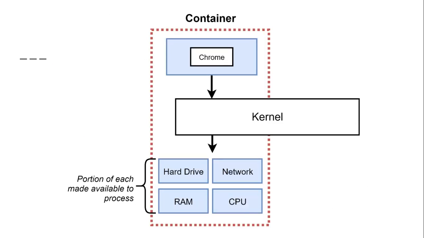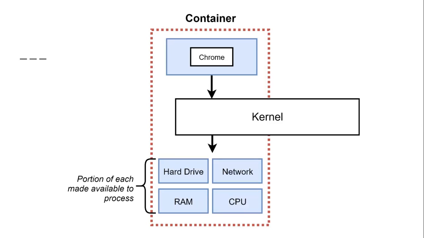So a container gets created which has your required Chrome software, and this container will have portions of each of the resources that your laptop has. It will have a portion of the hard drive, RAM, CPU, network, etc. And this is a very isolated environment.